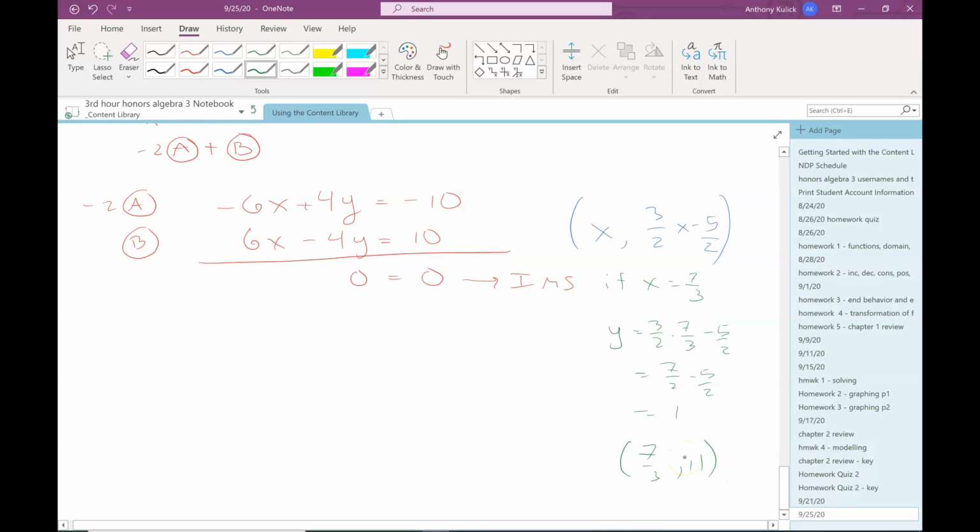So those two parametric answers we gave were actually representing the same solution set. Even though they look different, they actually represented the same solution set. Are we okay there?